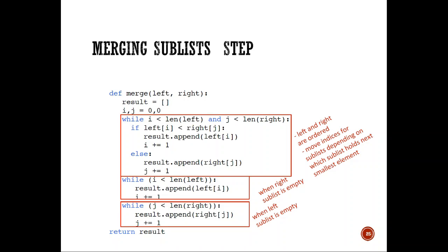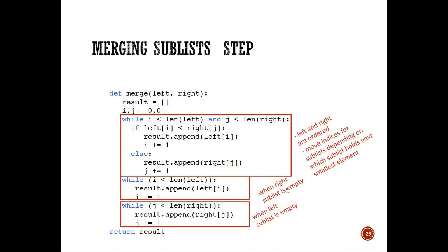To do so, this is the actual code. So in this case, the left and right are ordered, and we move the indices for sublists depending on which sublist holds the next smallest element.